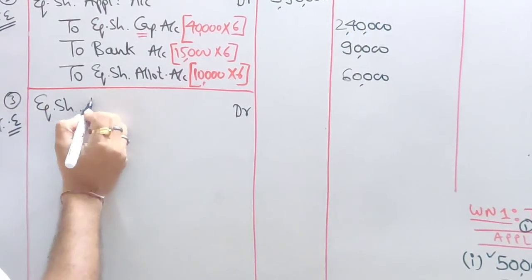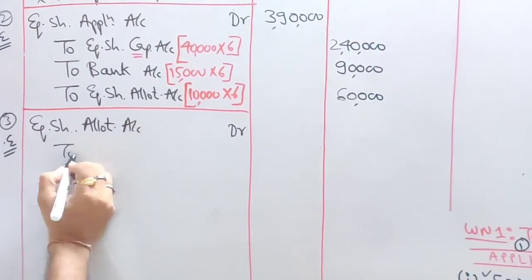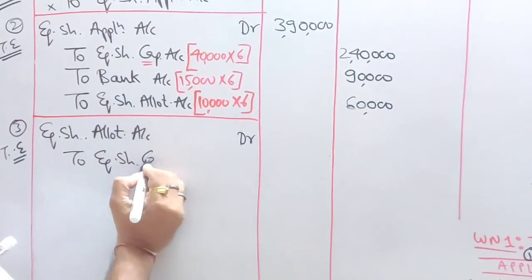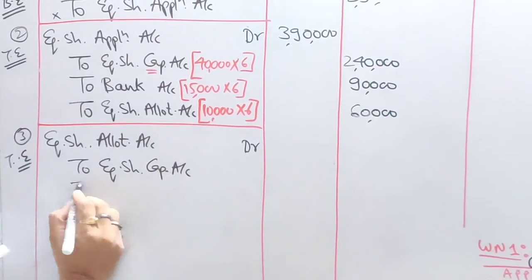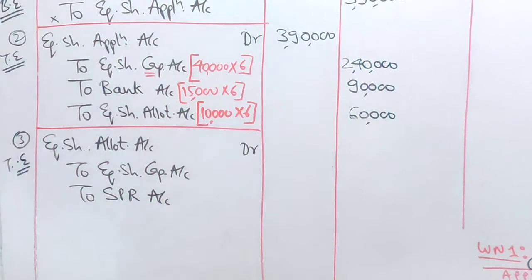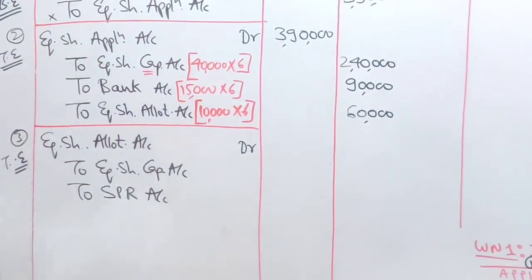So what will be your allotment transfer entry? Equity share allotment account debit. You have to tell me with the premium. To equity share capital account, to securities premium reserve account. How much are we collecting at the time of allotment? We are collecting 5 rupees.